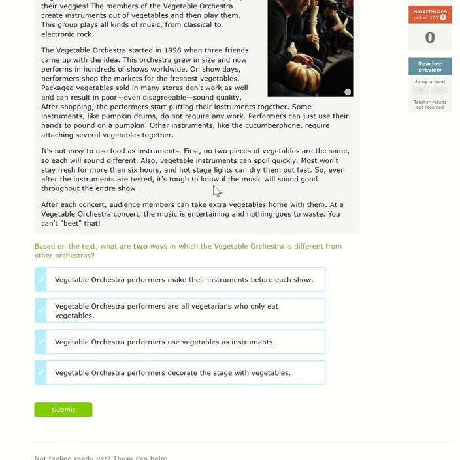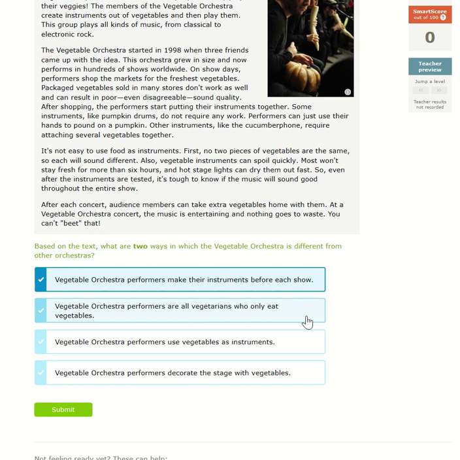All right. So, what are the two facts that we can pull from this text that help us answer this question? So, how is a vegetable orchestra different from other orchestras? Well, vegetable orchestra performers make their instruments before each show. That was something that was definitely in the text, and so that could be one of the answers.